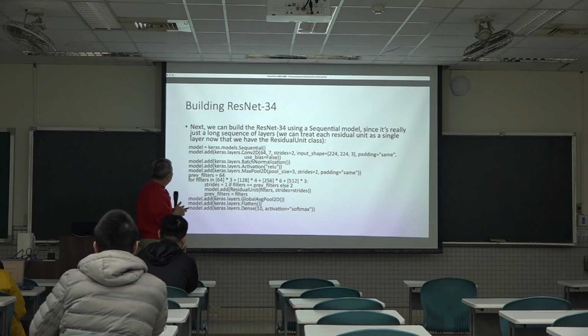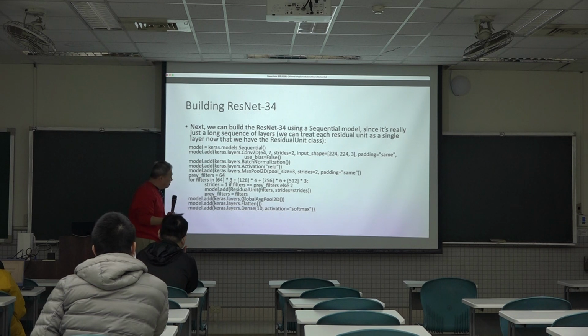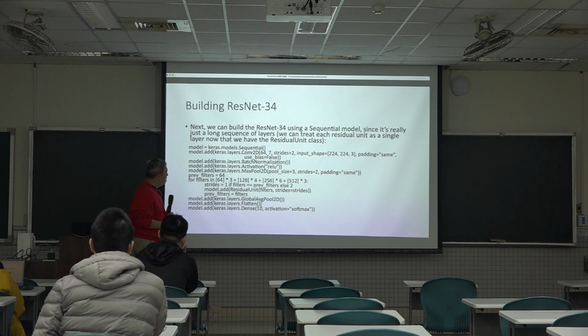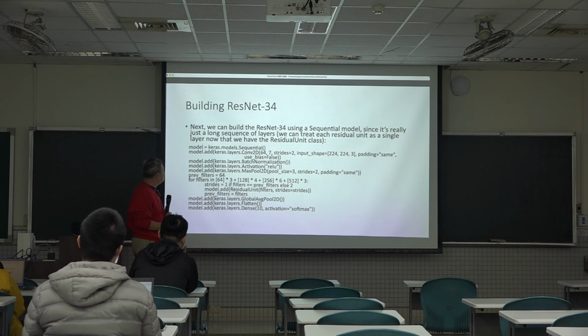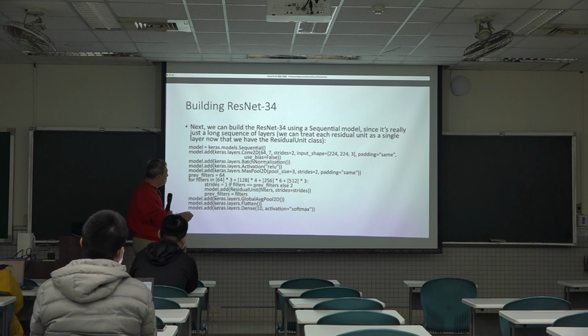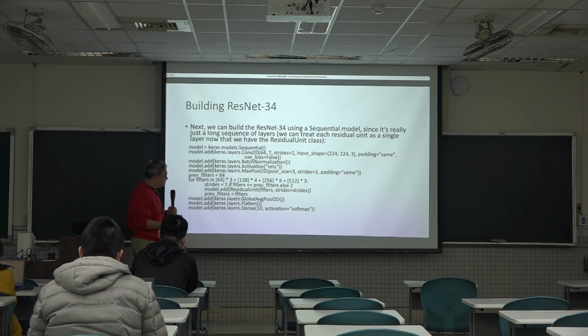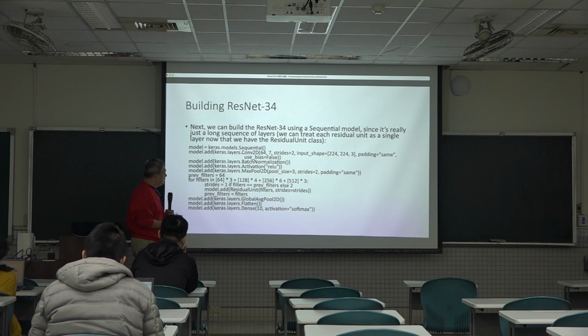Once we have the residual unit taken care of, for the rest of the network we can just use the sequential API, because the other part does not involve anything that cannot be done by the sequential API anyway.